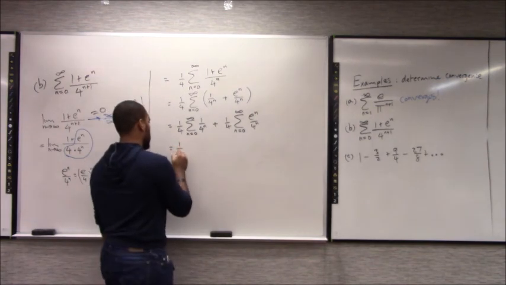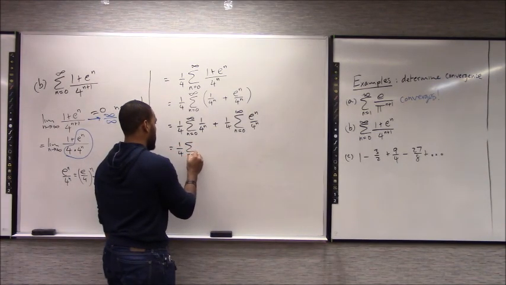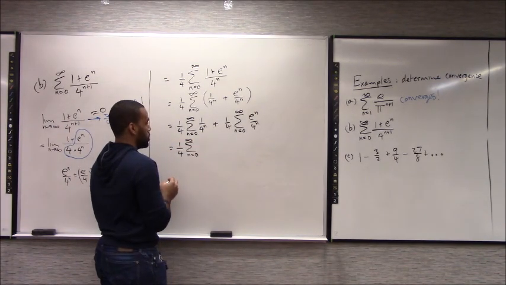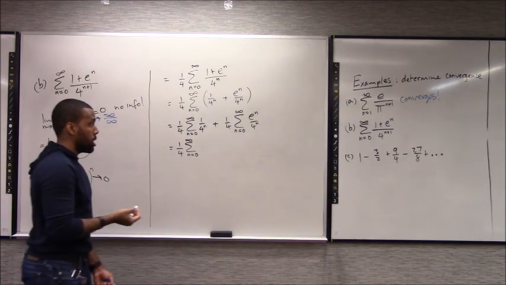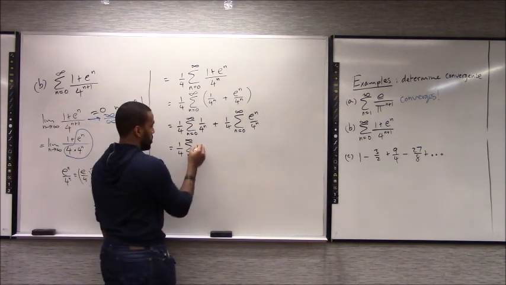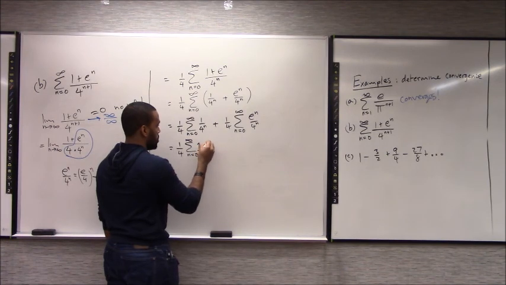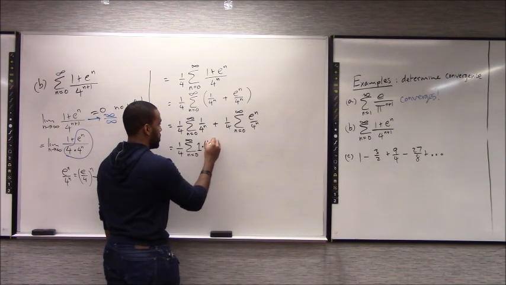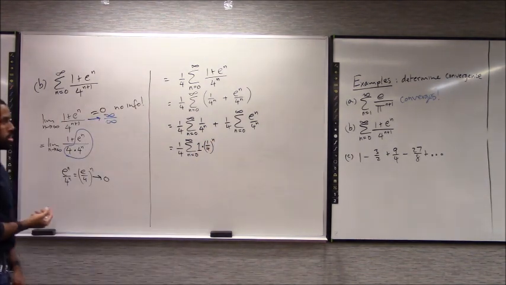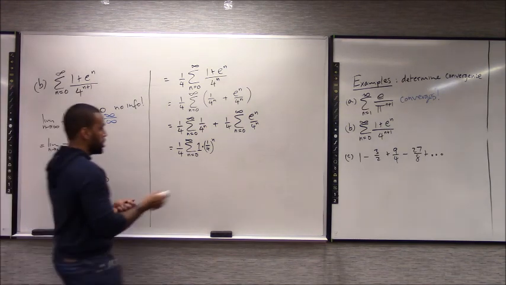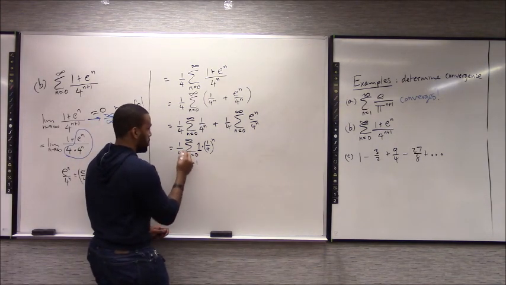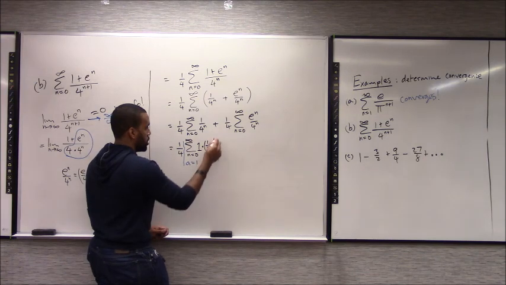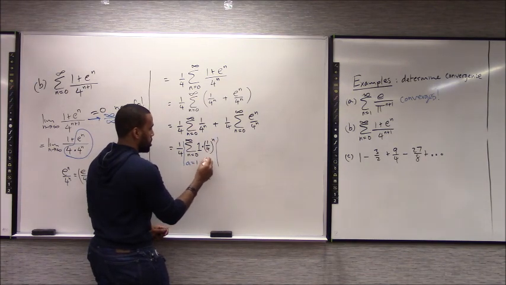But again, you're going to want to write it to look exactly like the definition. So you need it to look like a times r to the n. Notice here I would think of it as 1 times a quarter to the n. So this is a geometric series where your a is 1 for this part, and your r is a quarter.